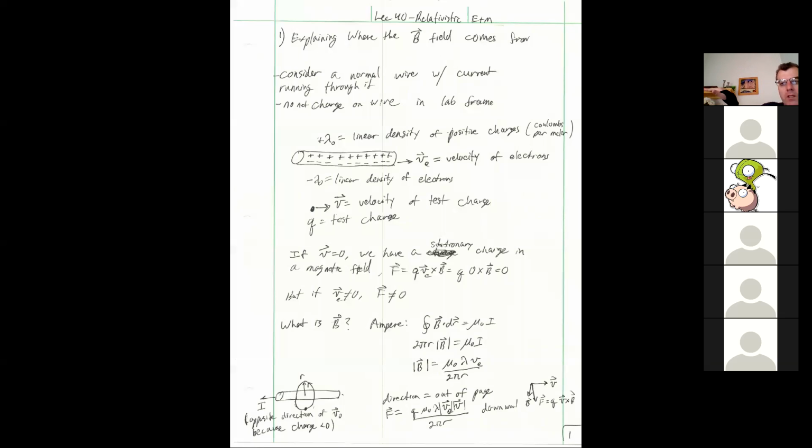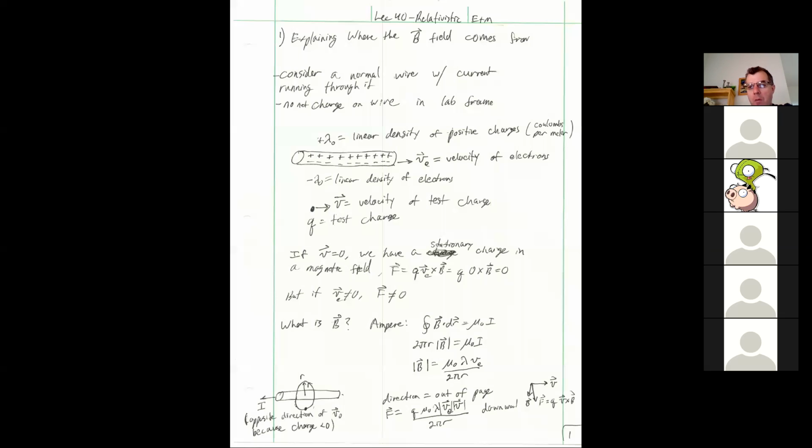So we put our fingers to the right, and then we curl them in the direction out of the screen, and everything's mirrored with the camera. So I start with my fingers to the right, curl them out of the screen, and my thumb points down. So this test charge is repelled downward.